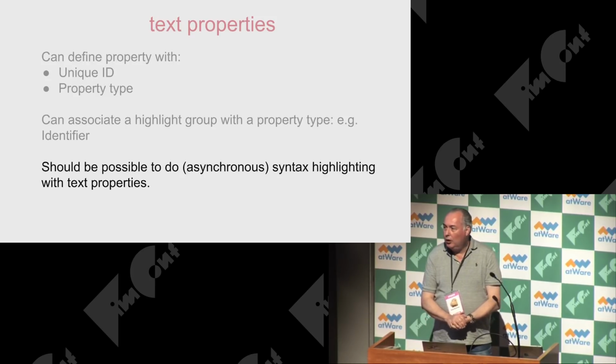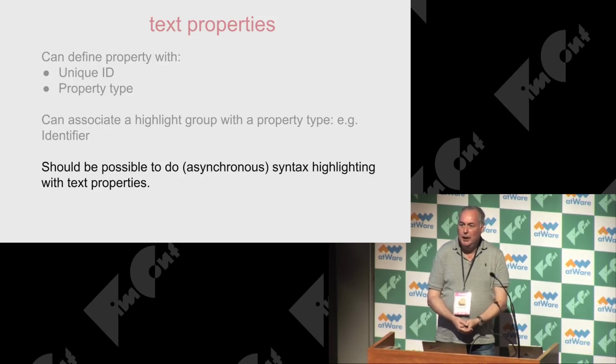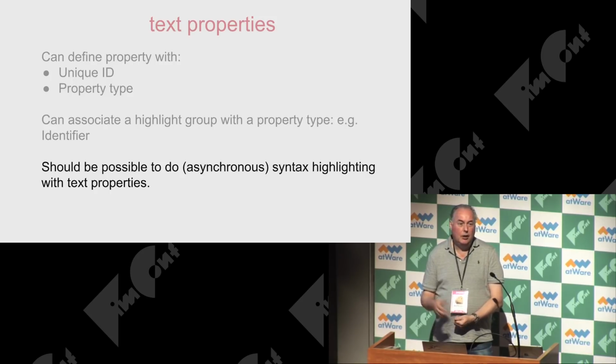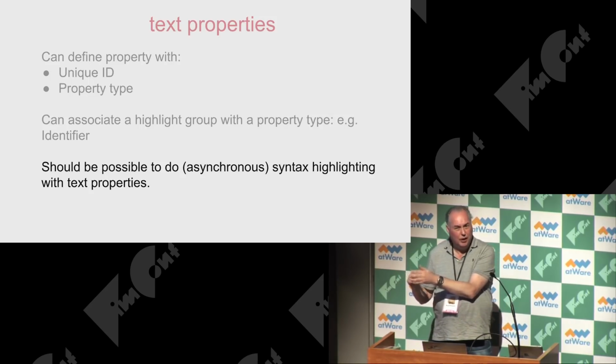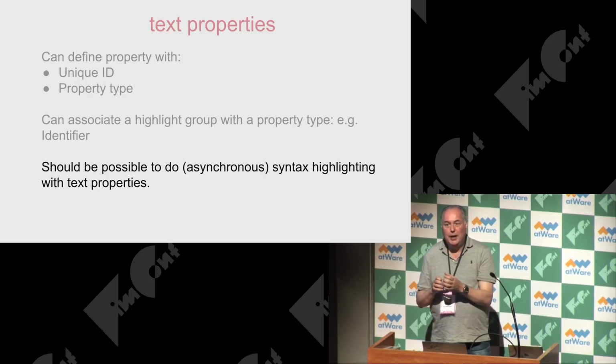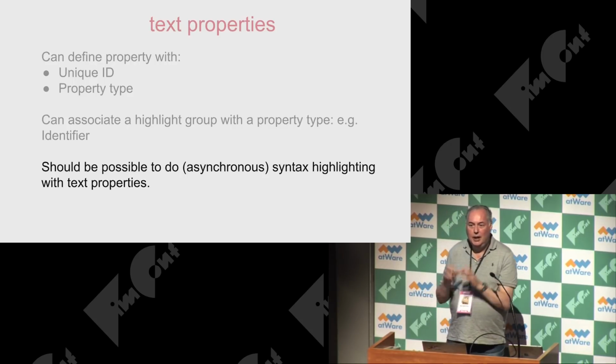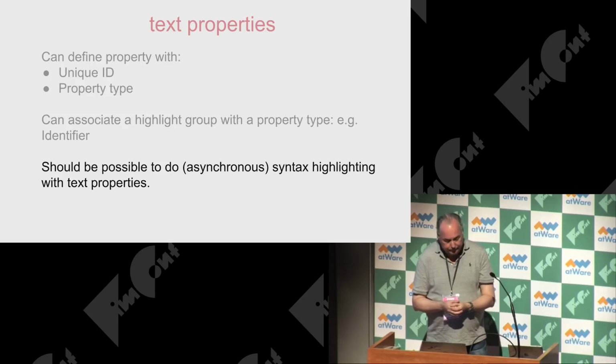So one goal or one check for the feature would be that you would have an asynchronous highlighter. So you would take the text, give it to some external program. You don't know how long it will take, but at some point it will come back with the highlighting information, and then that should be turned into text properties. You can attach it to the text.